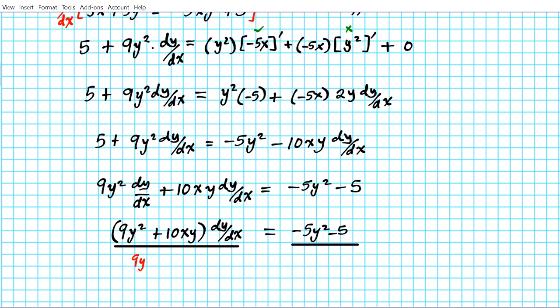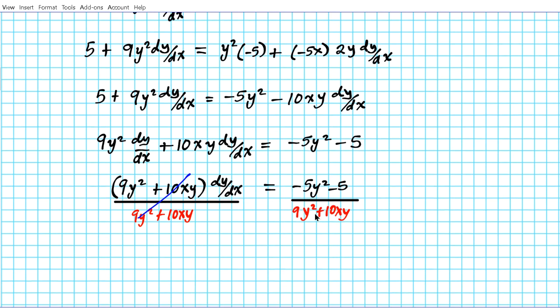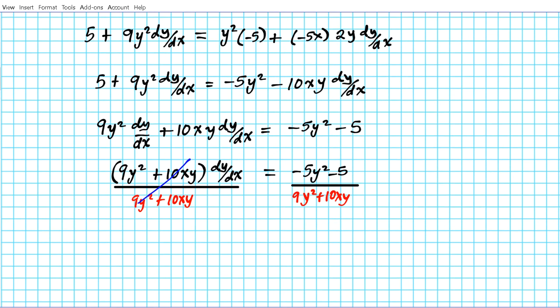So that's 9y squared plus 10xy. And 9y squared plus 10xy. All right, so this divides out, and that results in the isolation of dy/dx. And that's our final answer. dy/dx is equal to negative 5y squared minus 5 divided by 9y squared plus 10xy.